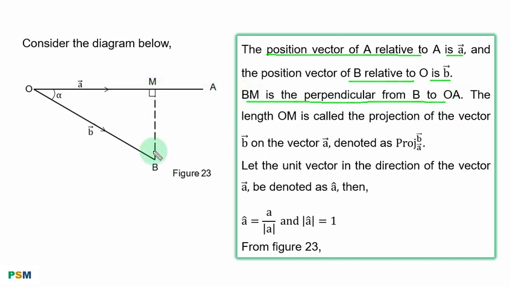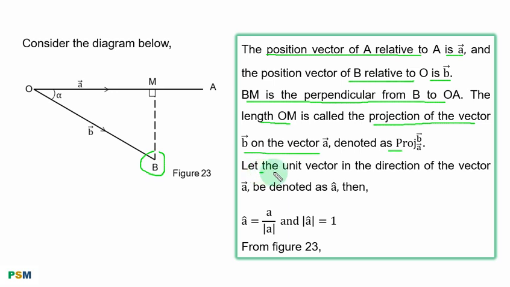The length OM is called the projection of the vector B on the vector A, denoted as projection of vector B on A.